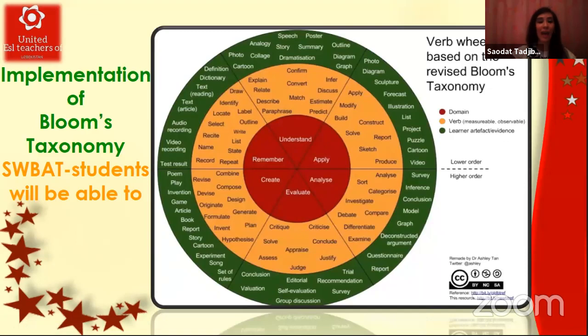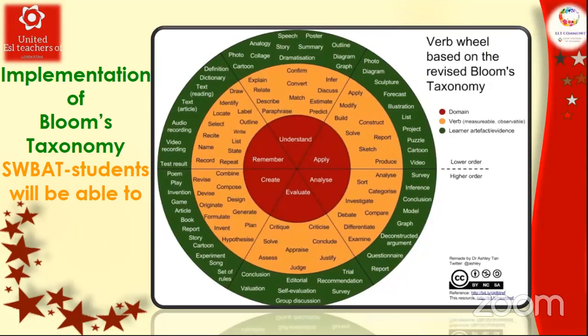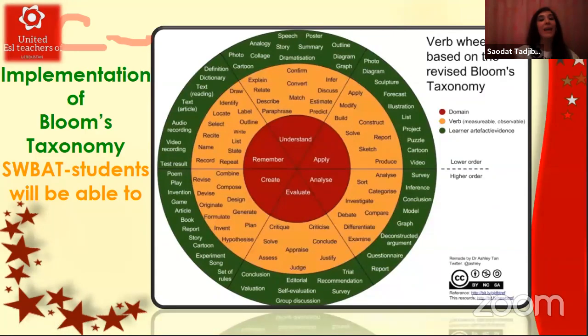First of all, you should have your aim, and according to your aim and topic, of course, choose appropriate verbs which are related to your topic. In this case, you can design good objectives, and you can design your lesson in a proper way. And at the end of your session, don't forget to check if your objectives were fully covered, and whether you could assess according to all these objectives.